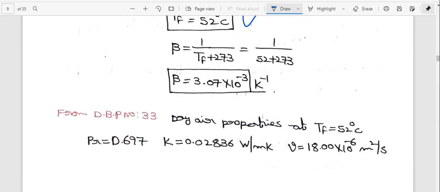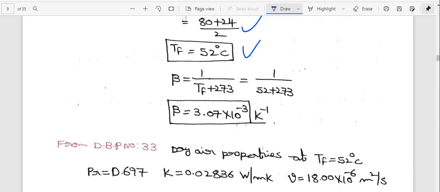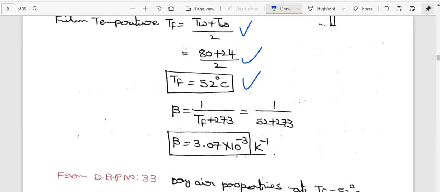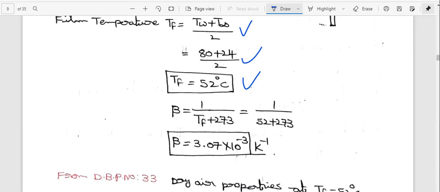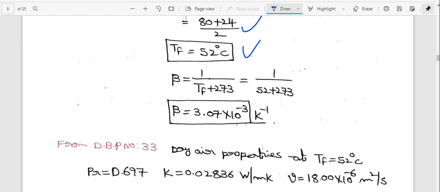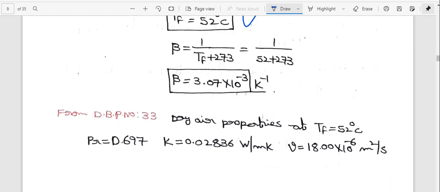So here we need to take property values from data book page number 33, from T film temperature. That means dry air properties at 52 degrees centigrade.